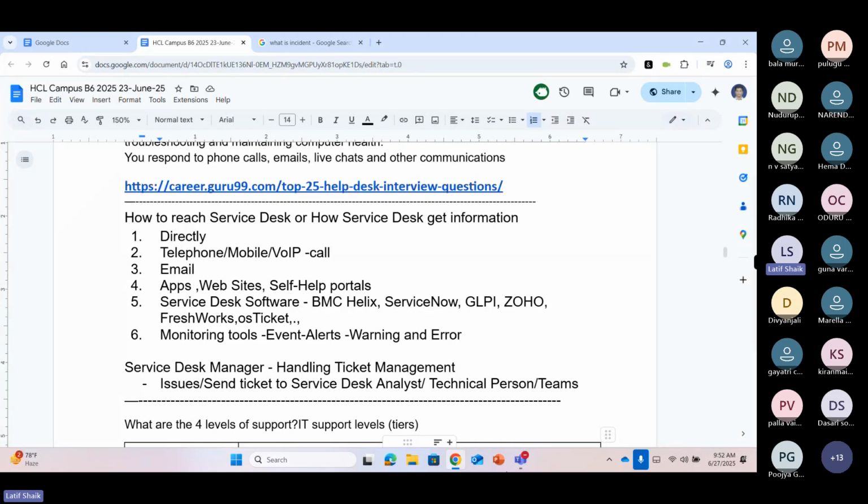These are the different service desk softwares. Not only these, there are a lot of service desk softwares out there. Zendesk, Zoho, like this. Different types of softwares we are using.